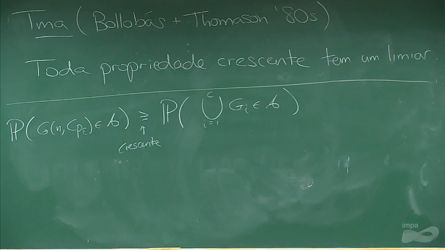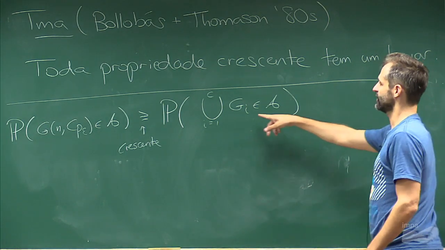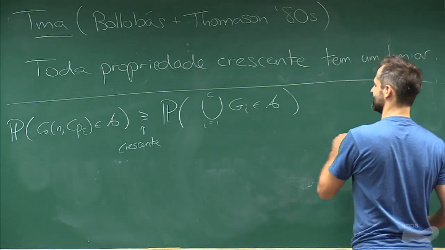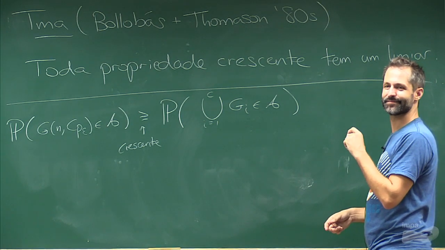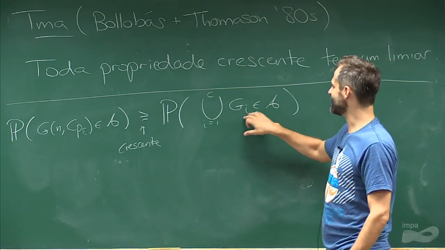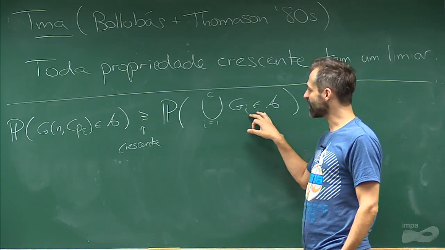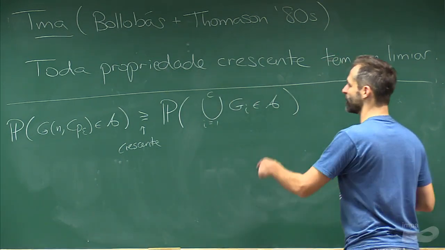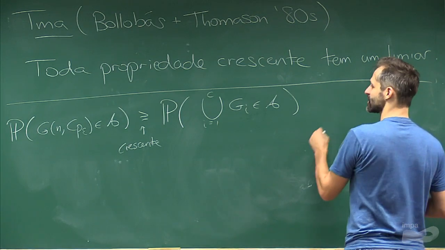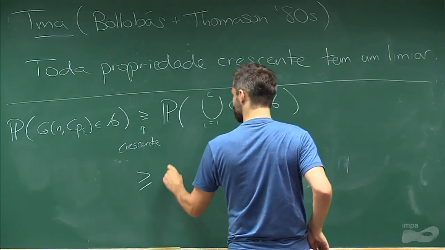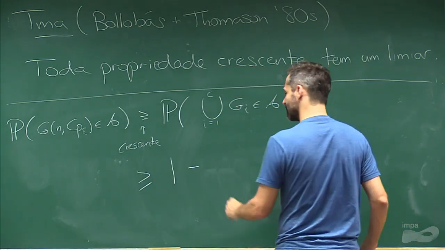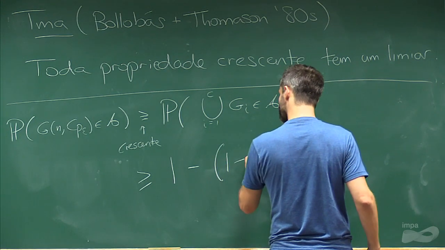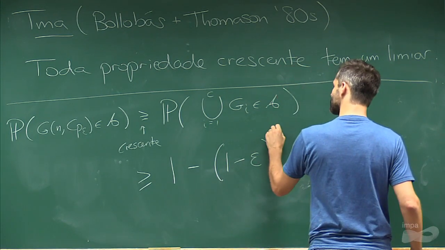And what's this probability? Each of these things occurring has probability epsilon. They're all independent, so the probability that at least one of them occurs is at least 1 minus (1 minus epsilon) to the c.